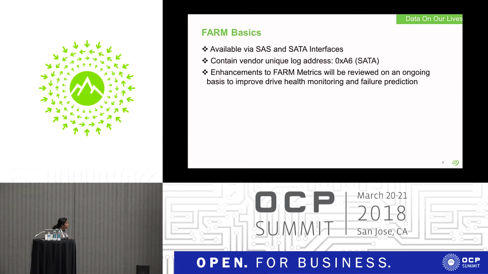On SATA, you can obtain this log with the A6 command, through read log extended commands, A6 log page address. We at Seagate will be looking at the FARM log on an ongoing basis on emerging technologies. We will review what metrics go into this log and update the right set of metrics so that it improves fleet health monitoring for our hyperscale customers and improves failure prediction as well.